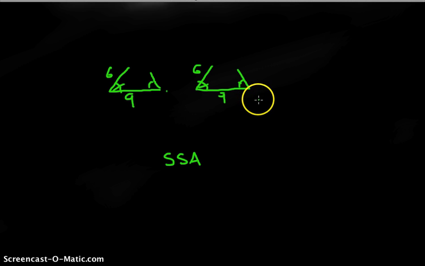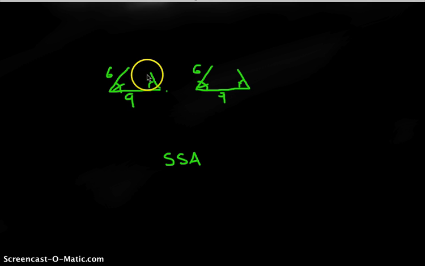So I could have something that looks completely different. If I draw it out, I could have two completely different triangles that have the same sides and the same angle here and here, and they won't be congruent triangles.